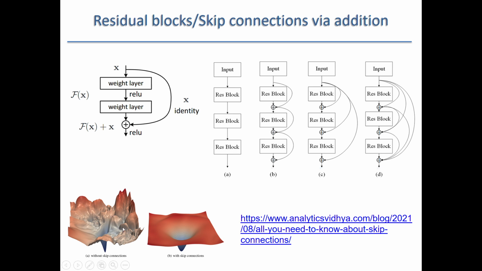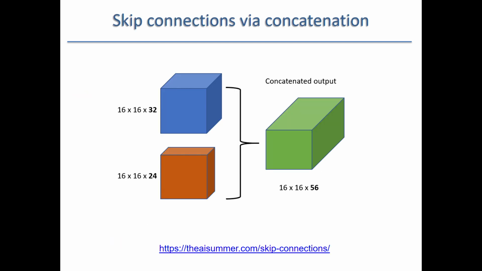Still you have local minima. So this is a local minimum, this is a local minimum, and this is a global minimum. But you have many fewer local minima, and the landscape of the cost function becomes smoother.